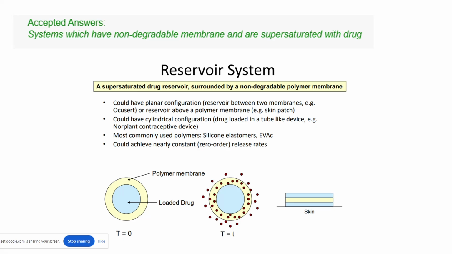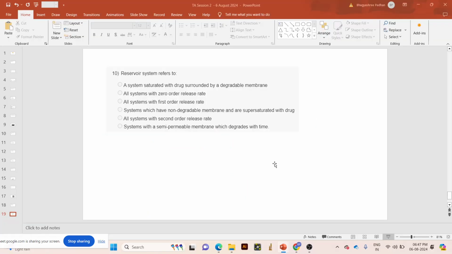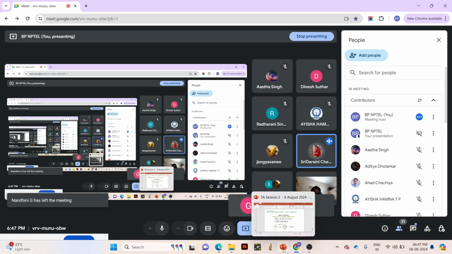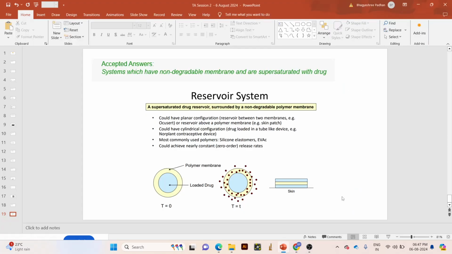I think for reservoir systems there is an equation if you go through the lectures. If you use that equation, maybe you can solve. Did you not find any equation for that? There were a good number of equations, but I did not find a direct relation between the thickness, time, and the amount of drug with respect to the thickness. I think you should check the equation again.